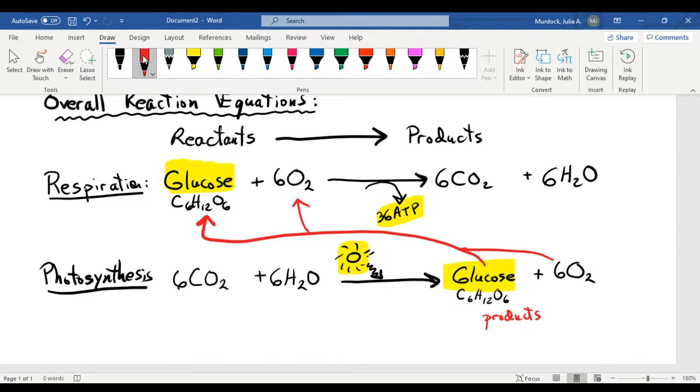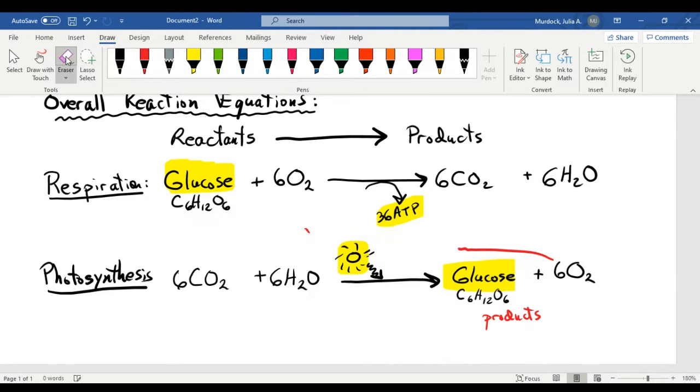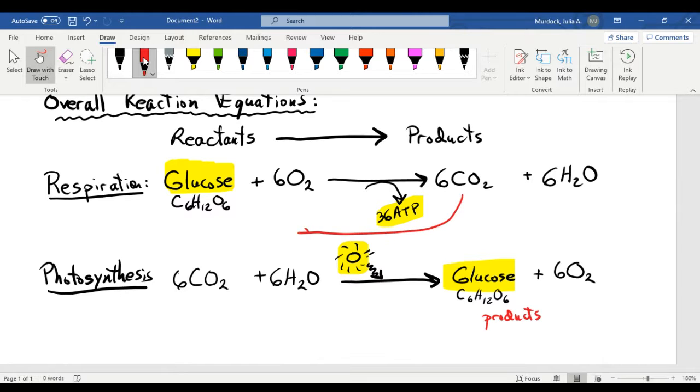So the products of photosynthesis become the reactants of respiration. But then also realize that the products of respiration also become the reactants of photosynthesis. So these guys here also help supply the carbon and the water that plants need in order to make the sugars.